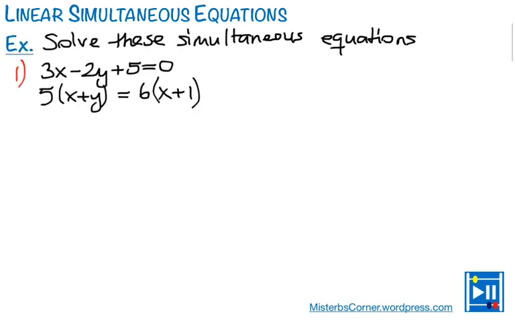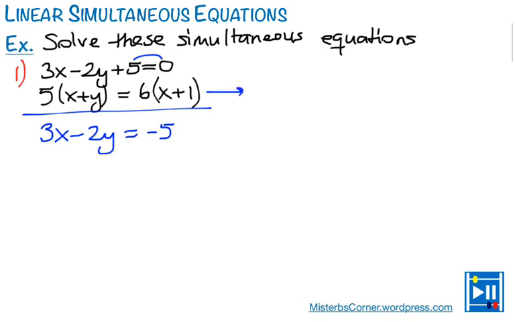Right, so in this one we have x and y, and well, these equations need a little bit rearranging. For example, the first one will be 3x minus 2y equals negative 5, if I take 5 to the other side. And the second one, well, I have to expand the brackets. Let me do this here.